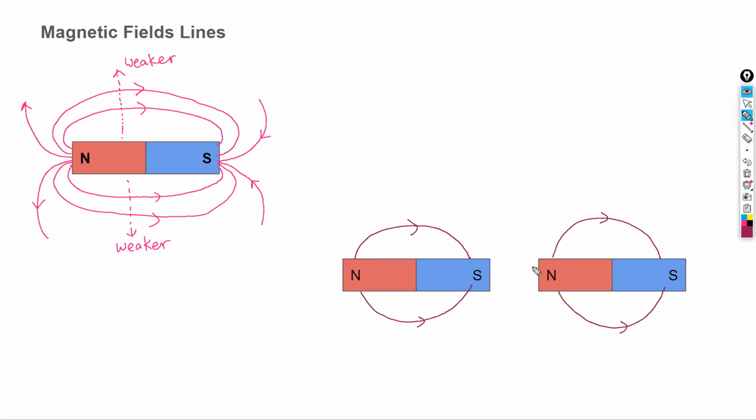But isn't there also a north pole here and a south pole here? Won't there be magnetic field lines going from north to south here also? Because magnetic lines flow from north to south. And how about this north here and this south here? Won't there be a magnetic line going from this north to south?